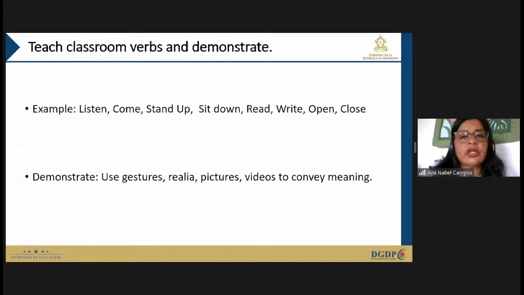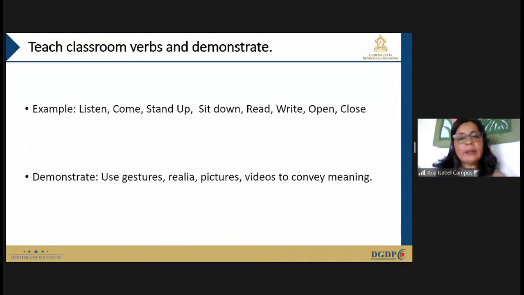Also, we can teach classroom verbs, right? And demonstrate. It's more important in English to demonstrate than to explain. So listen, come, stand up, sit down, read, write, open, close. Those are basic words that they should know so that we can teach the whole lesson in English, right? And use gestures: listen, speak, say, read, write.